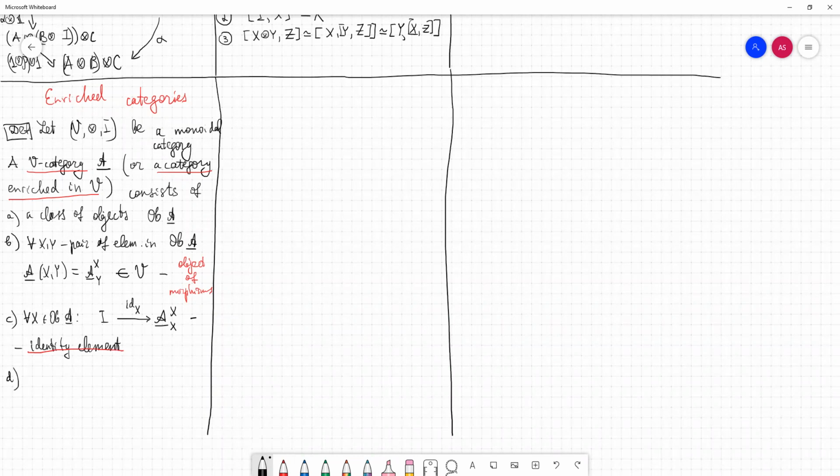And fourth, for every X, Y, Z in objects, there exists a composition morphism: A from Y to Z tensor A from X to Y going to A from X to Z, which we call C_XYZ. It is a composition morphism.